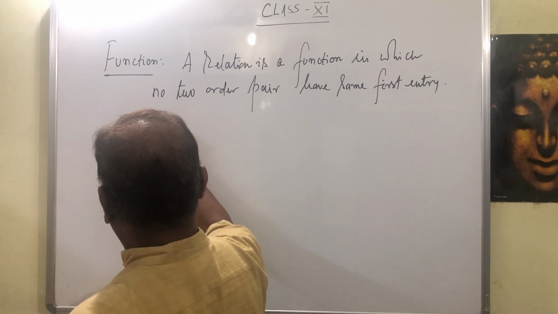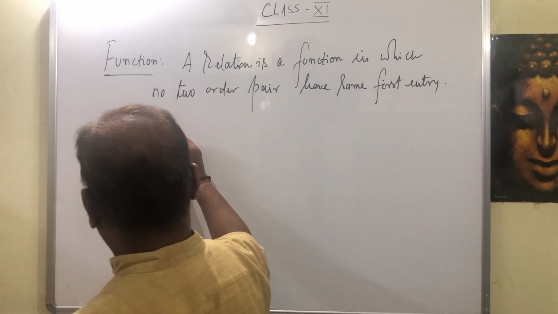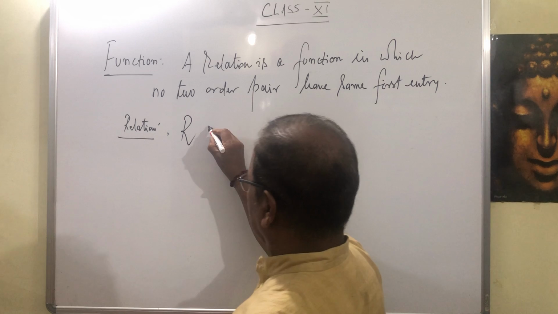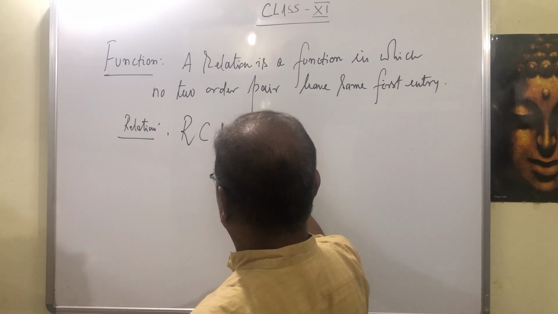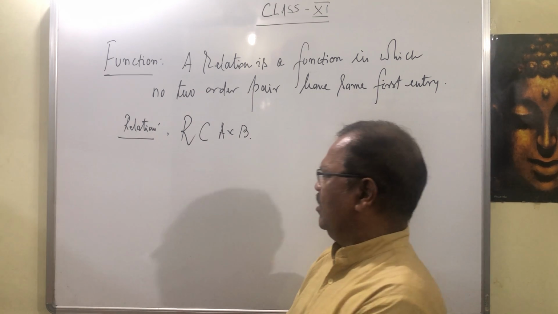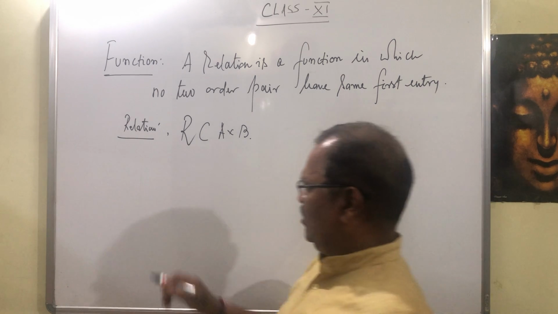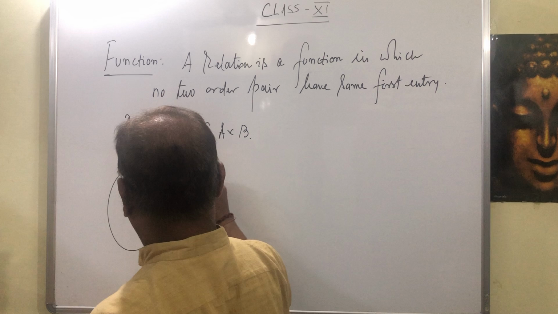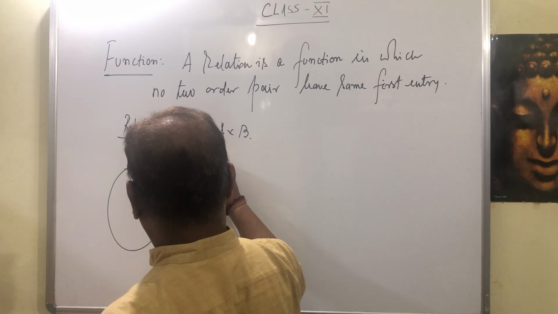In relation, you have seen, suppose R is a relation, so R is a subset of Cartesian product of the two sets A and B. So let us see this through this picture, that this is one set, this is another set.